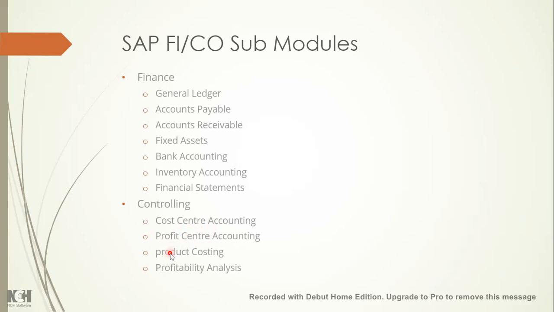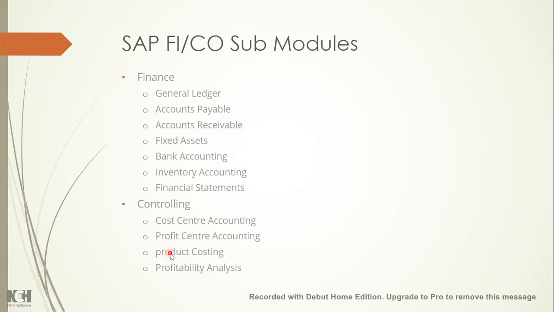Product costing is one of the very complex areas within controlling, but it's also one of the very critical requirements, more particularly for the companies who are involved in the manufacturing business. They need to know how much cost it's going to be to produce a certain finished goods. So product costing helps you. It uses BOM, bill of material, and routing.